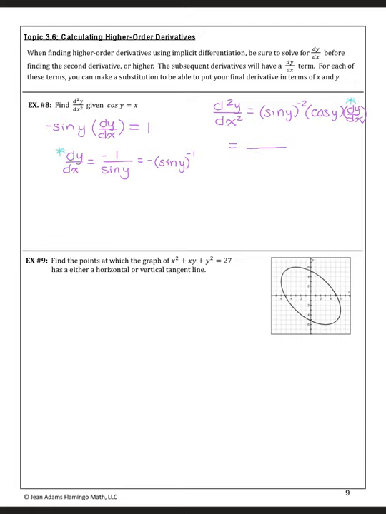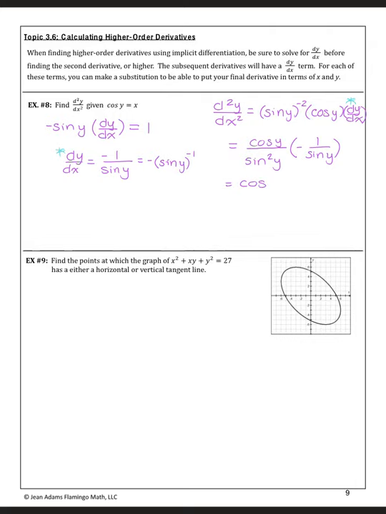So sine y to the -2nd is sine squared y in the denominator. I have cosine y in the numerator times dy dx, which is -1 over sine y. Actually, let me simplify this just a little bit more here.